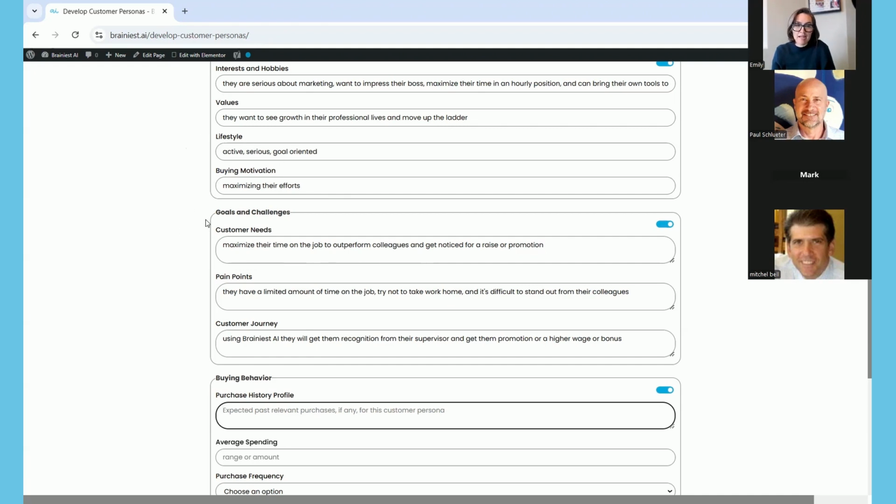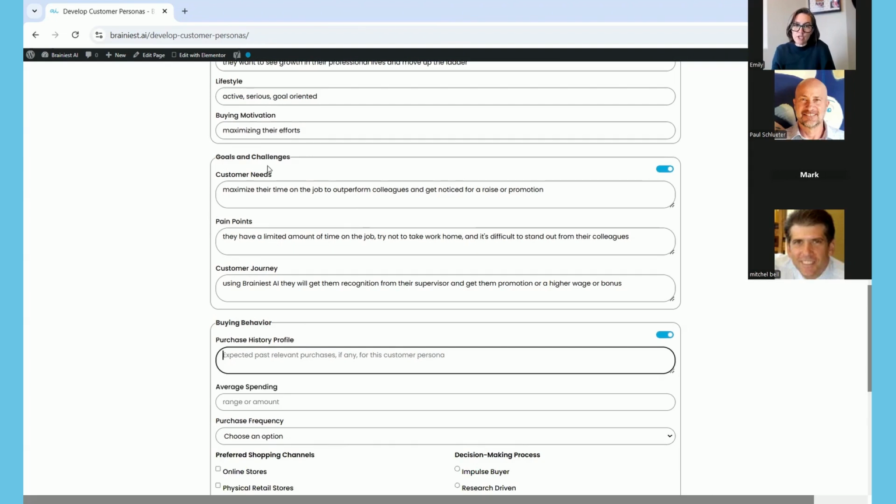That's interesting. And then we get into goals and challenges. So your customer needs, pain points, and their journey. Let's start with customer needs. More often than not, if you are someone who is particularly a business owner, you very likely developed your product or your service based on a lack of something that you saw somewhere.